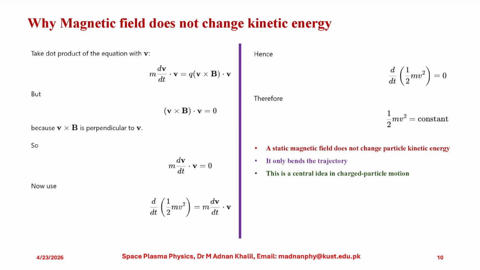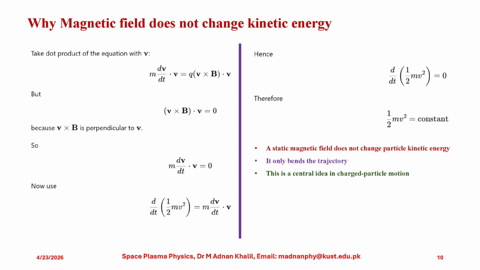So mass times dV by dt dotted with V is 0. Next, use the standard identity that the time derivative of 1/2 mv squared is equal to mass times dV by dt dotted with V. Therefore, the time derivative of 1/2 mv squared is 0. That means 1/2 mv squared remains constant.